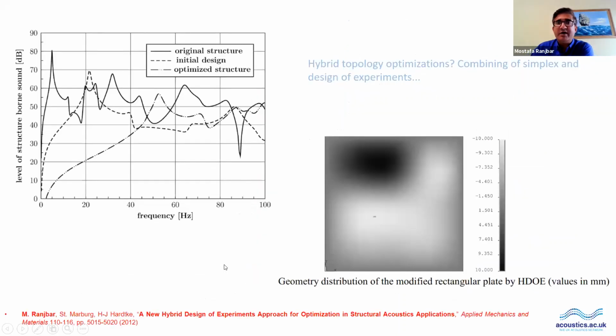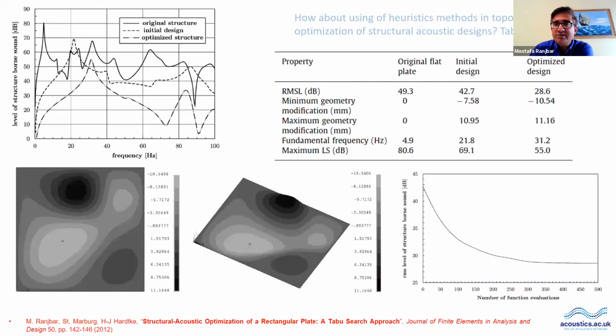Also, we used the hybrid topology optimization technique in 2012. We used a hybrid design of experiment technique. It was also quite useful. We used the tabu search technique, which was published in 2012.